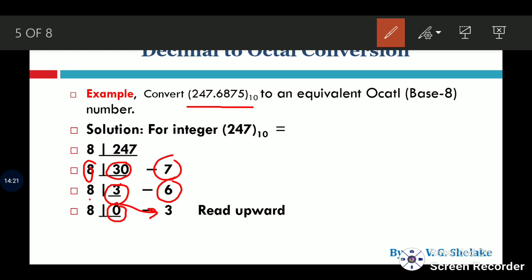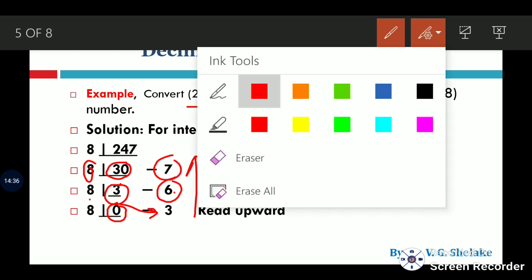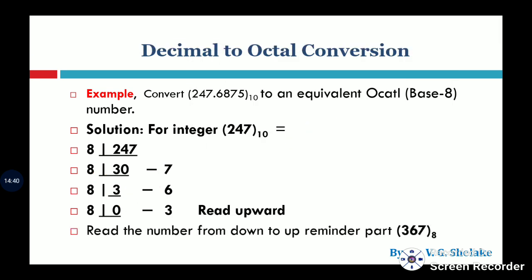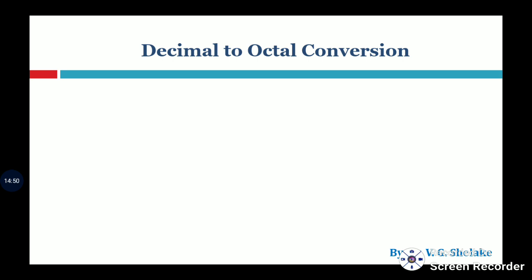The result is read in upward direction, means 367, that is the equivalent number. So 367 is the equivalent octal number for the decimal 247. And the base will be 8, means 247 base 10 is equal to 367 base 8.